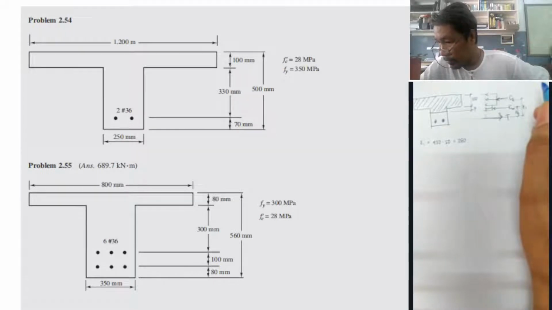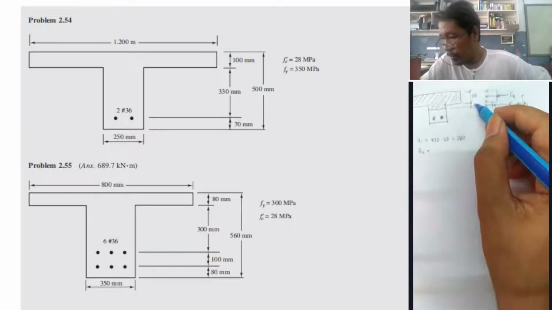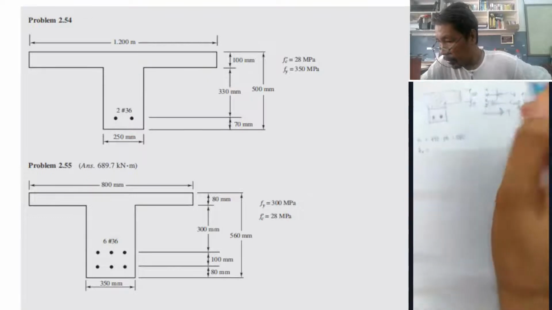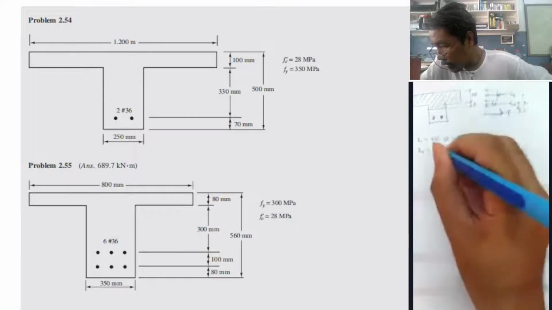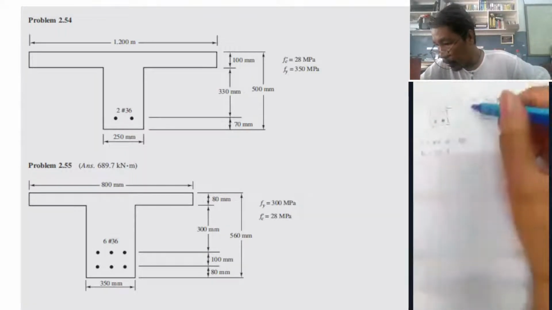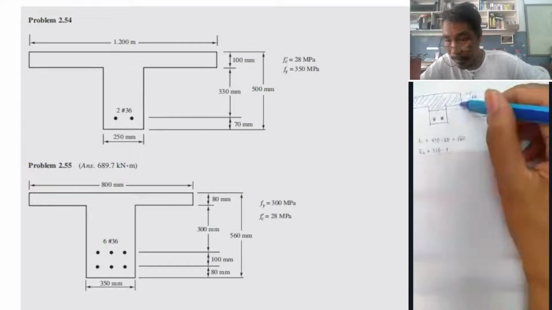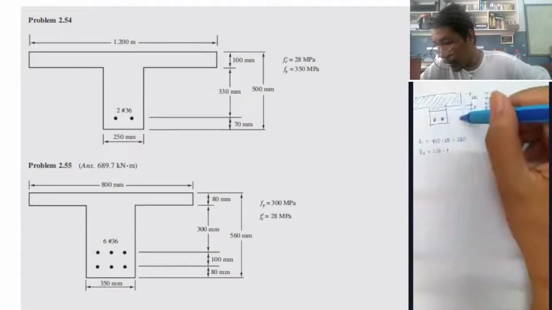Next, we have Z2. We cannot find Z2 yet because we do not know P. It is actually 330 minus P, because from the inside surface of the flange to the center of the reinforcement bar is 330.